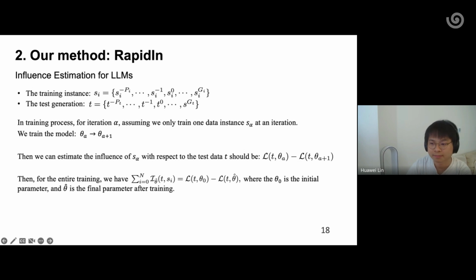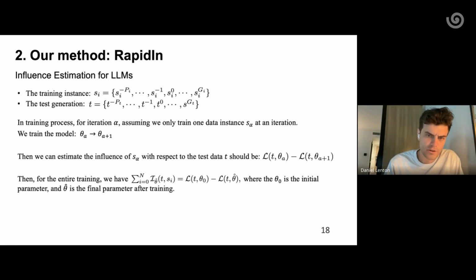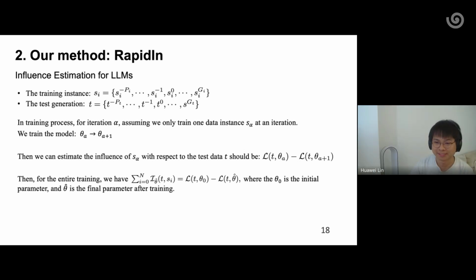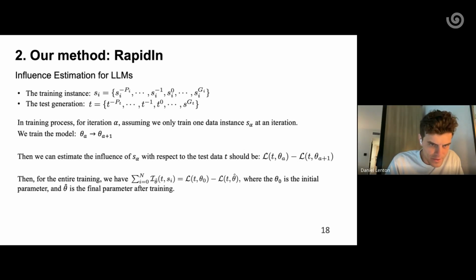Just to quickly understand, when you say assume we only train on one data instance, S sub A, you literally have batch size equals 1, right? Okay. Yeah, and that's what we do. This ends up being equivalent to just a first order gradient, basically, right?